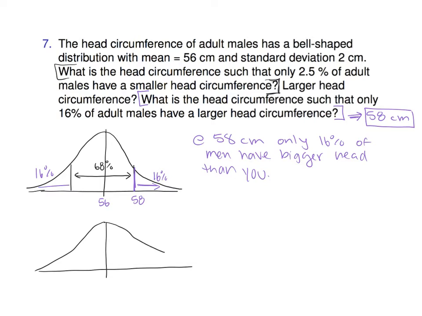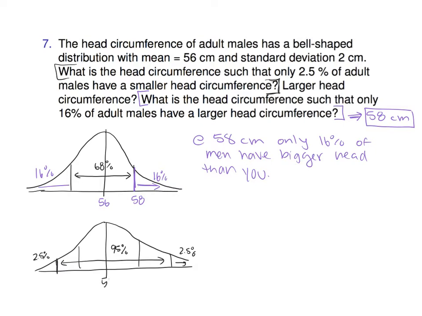So it's the same kind of picture, except we know that plus or minus 2 standard deviations, we have 95% of our data, which means that over here lives 2.5% and down here lives 2.5%. So the head circumference such that only 2.5% of adult males have a smaller head circumference means we're at this data point.